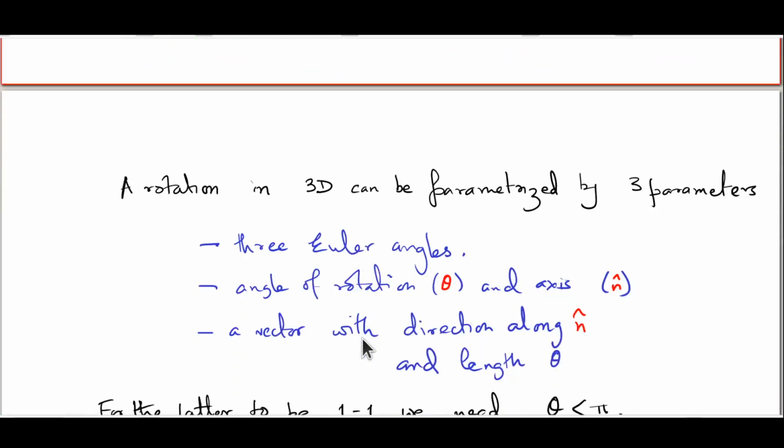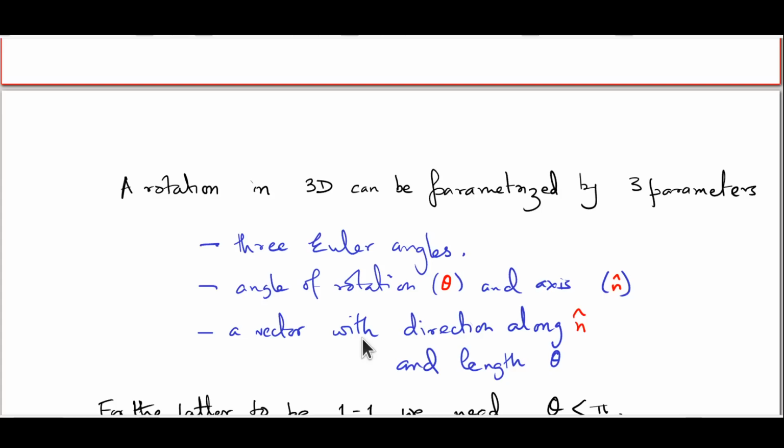For example, you could use the 3 Euler angles, or you could just use the axis of rotation, a unit vector for which you need 2 parameters to specify which direction that unit vector is in, and an angle of rotation. So that's theta and n hat, again 3 parameters.